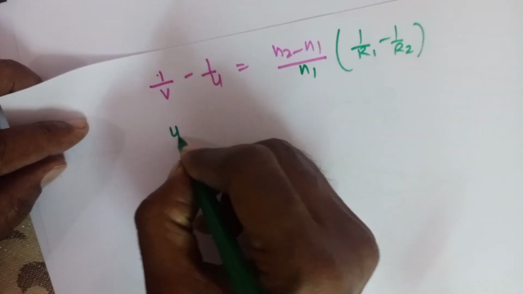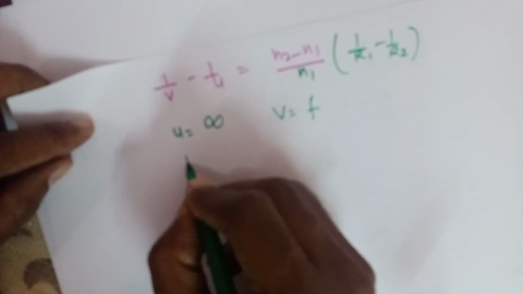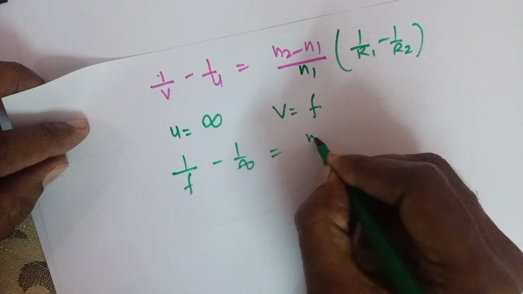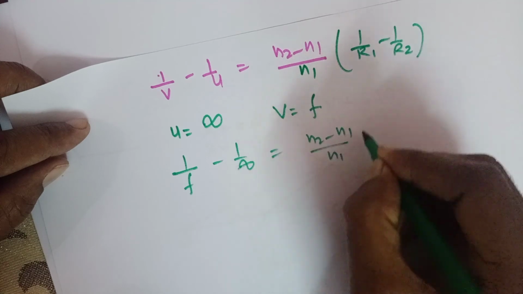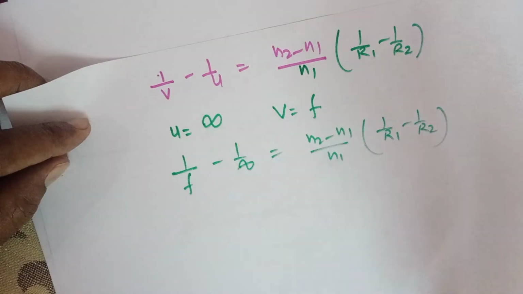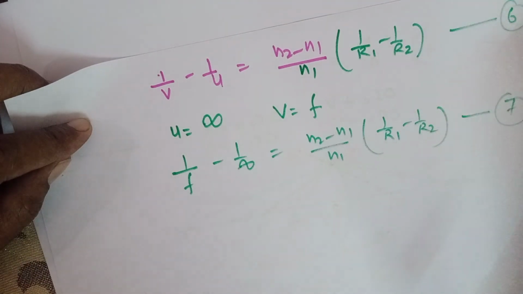If U is at infinity, the image will be formed at the focus. So 1 upon F minus 1 upon infinity equals N2 minus N1 by N1 times 1 upon R1 minus 1 upon R2. We can say this equation is 6, this equation is 7.